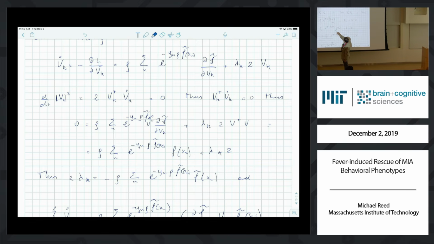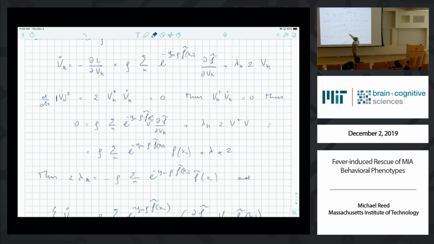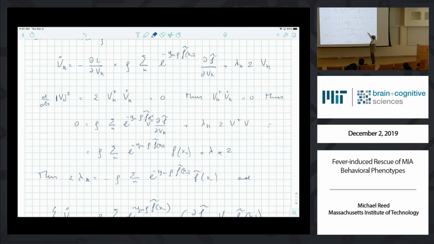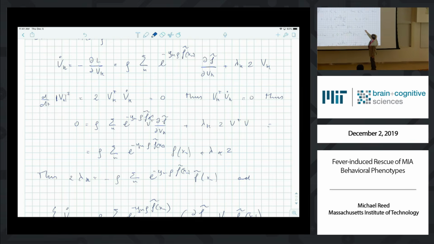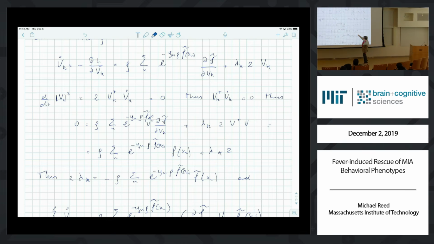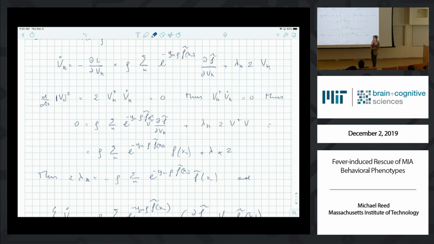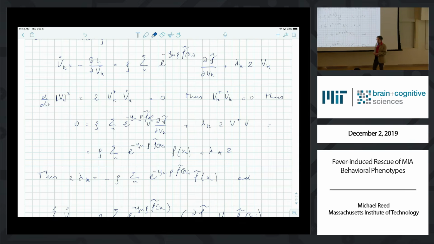And then I just multiply on the left the equation by V_k transpose. I get this, and I solve imposing again the constraint, V transpose V equal 1. And I get a certain value of lambda that I plug back in. So I've used the constraint V_k norm 1.